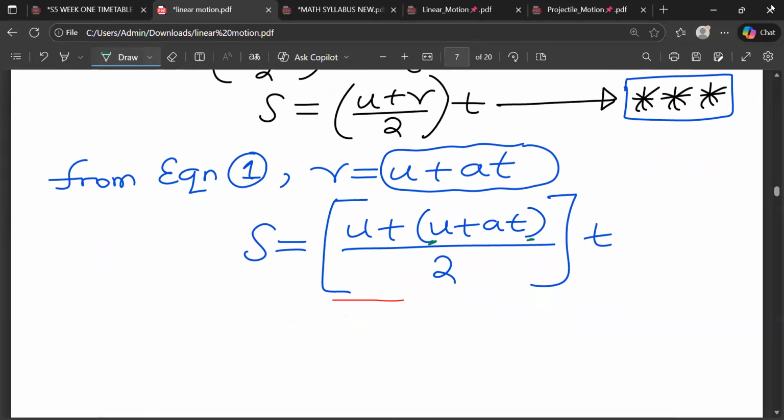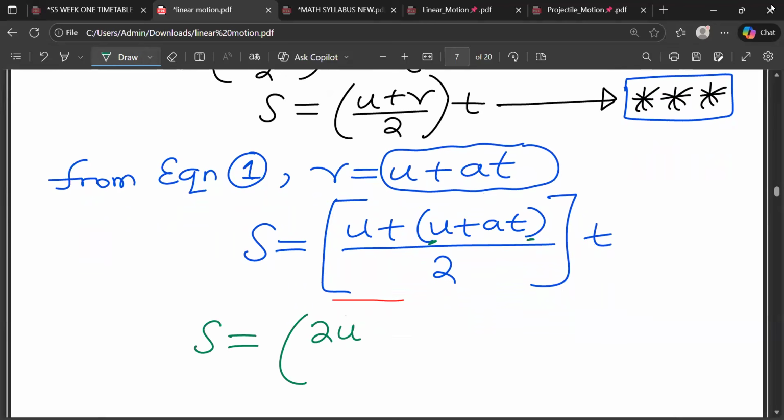So we proceed. I'll have my s here. Now inside I'm having 2u plus at. Of course, this u and this u gives me 2u. Then the at is alone over 2, like that. And then after that, I'm going to bring the t inside.